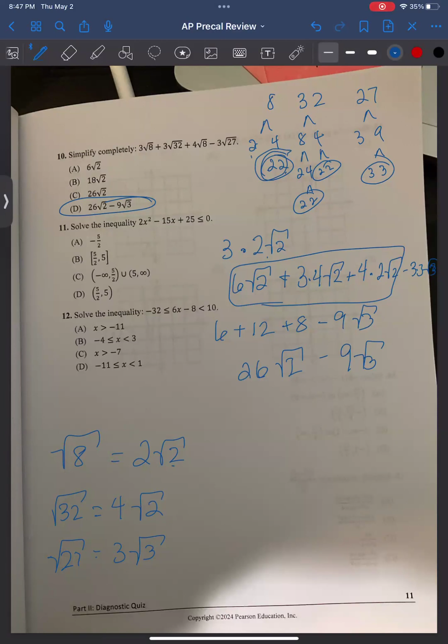Here I had a pair of 2s, so they got to leave the radical, but this lonely one had to stay behind. There are 2 pairs of 2s, so they each got to leave, and the number left over has to stay home. And then square root of 27, same thing. Pair of 3s, square root of 3.